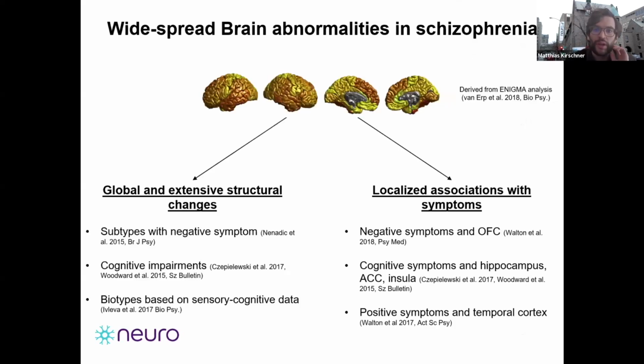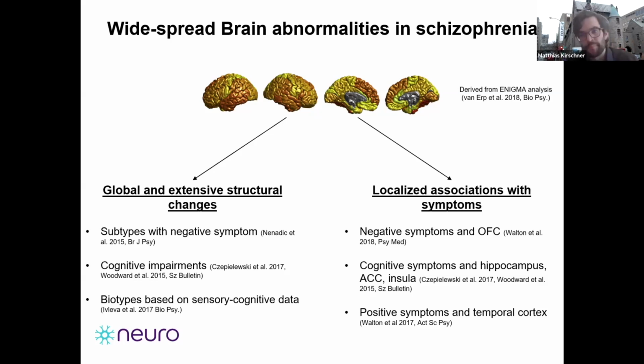What we already know is that schizophrenia is related to widespread brain abnormalities in cortical and subcortical regions. What other groups have shown is that these global and extensive structural changes are related to subtypes with negative symptoms, cognitive impairments, and can also be identified in biotypes based on sensory cognitive data in schizophrenia.